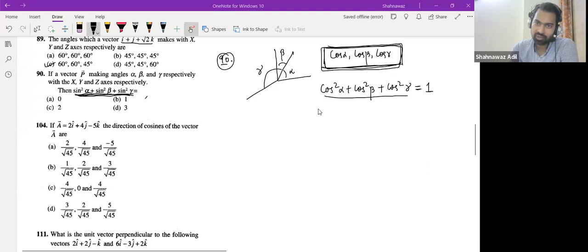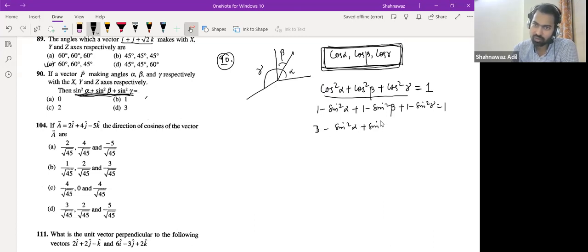So I can write cos square alpha as 1 minus sine square alpha, cos square beta as 1 minus sine square beta, and then cos square gamma as 1 minus sine square gamma. So this is 3 minus of sine square alpha plus sine square beta plus sine square gamma, and this is 1.